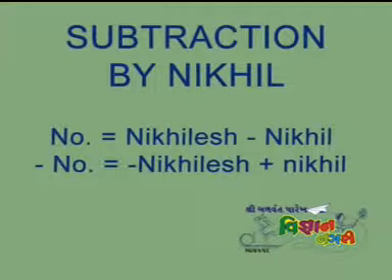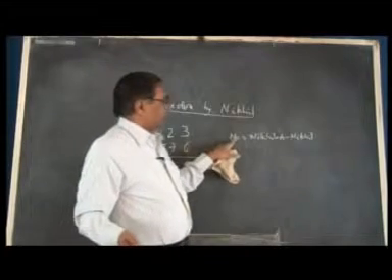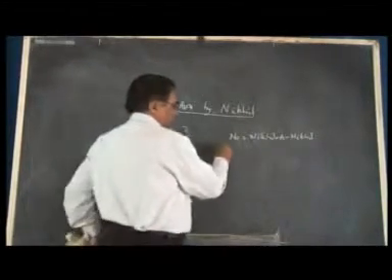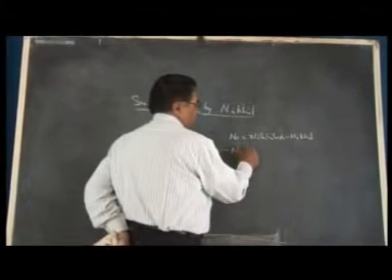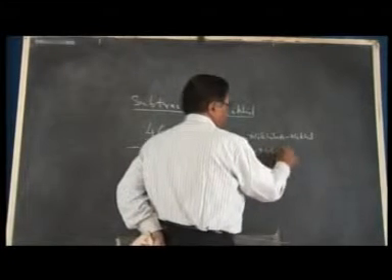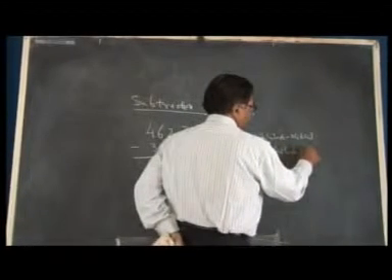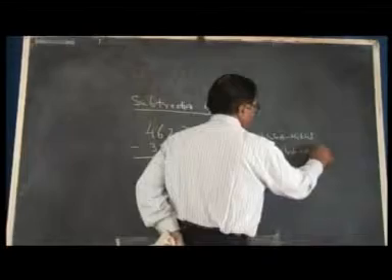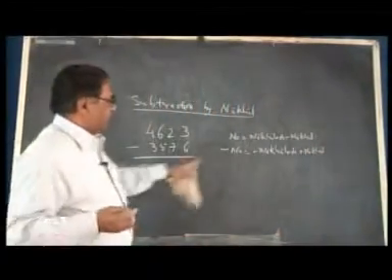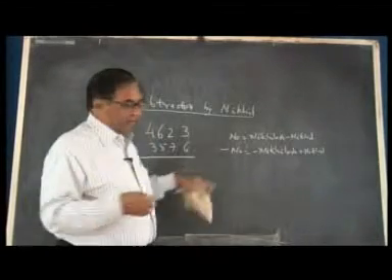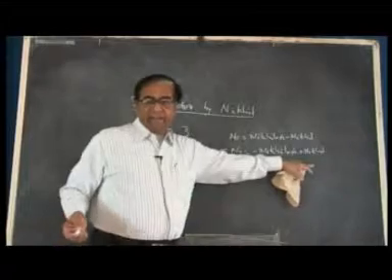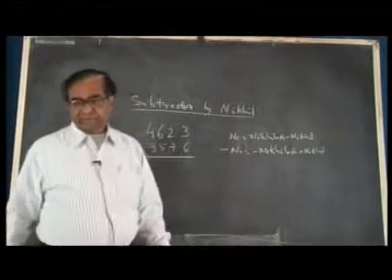And so you can say that if you want to subtract the number, then subtracting number is nothing but minus Nikhilesh plus Nikhil. Well, we can make a rule. You can say to subtract the number, add Nikhil and subtract Nikhilesh.